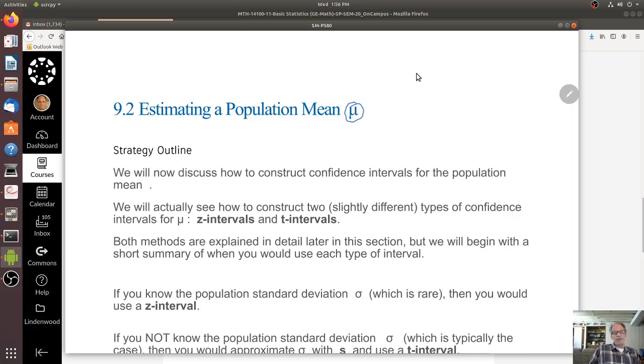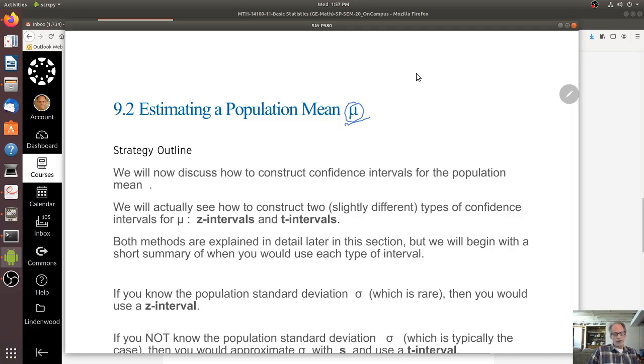We're in section 9.2. We're going to do basically the same thing that we did in section 9.1 for population proportions with population means now. That means we're going to take a sample, find the average of something associated with that sample, average height, average salary, and so on.